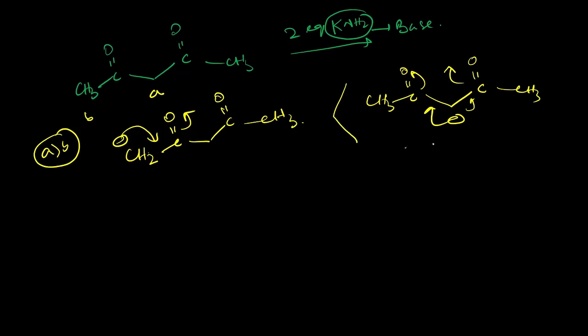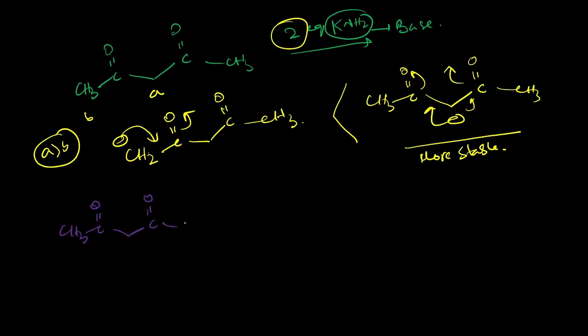So this will be more stable. Now we have used two equivalents of KNH2. So if we add two equivalents of KNH2 here, we get CH3 C double bond O, C double bond O, CH3 negative, and CH2 negative. This will be your situation.